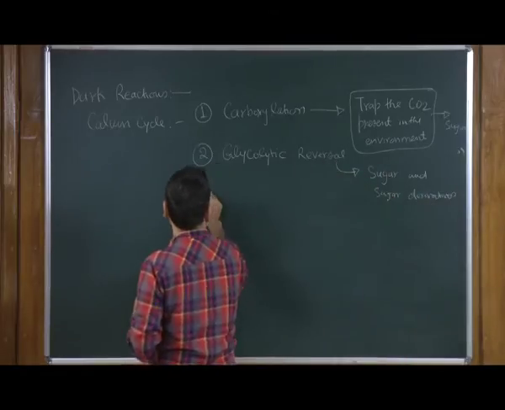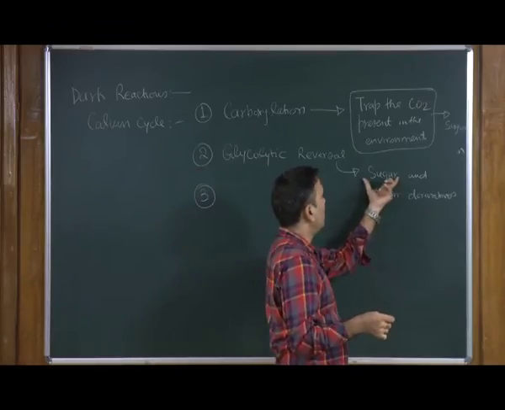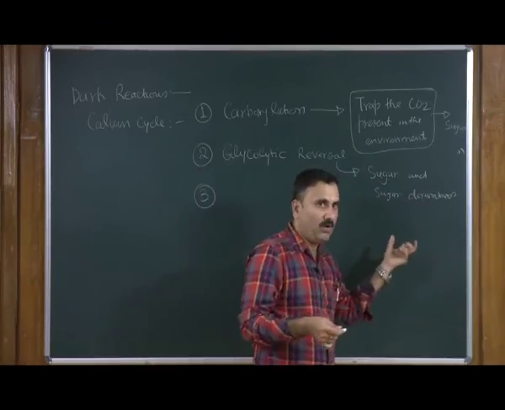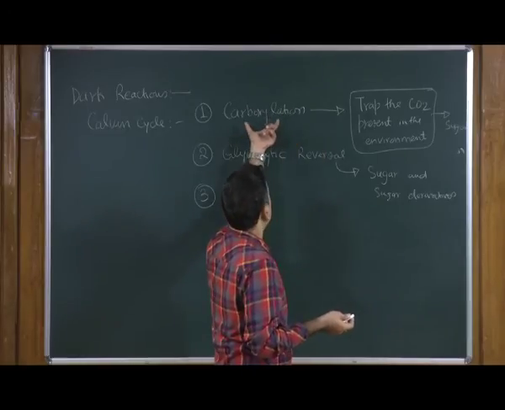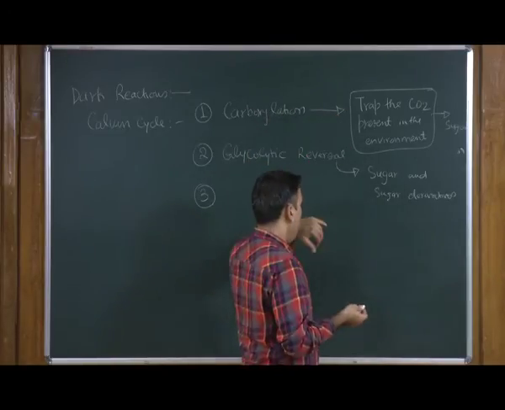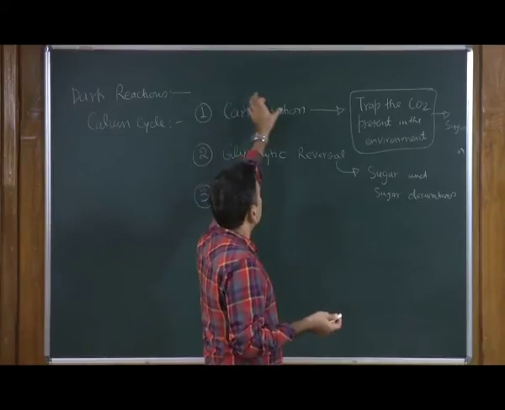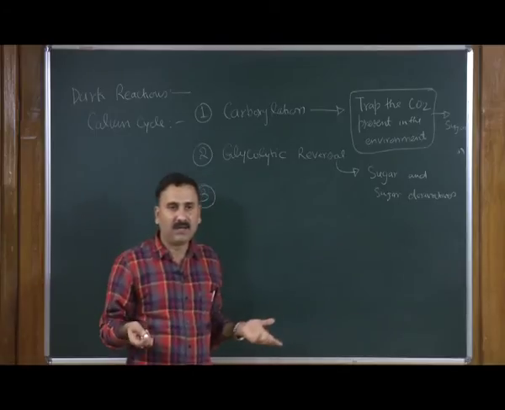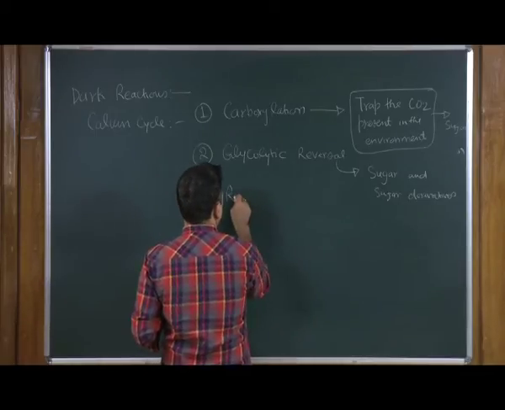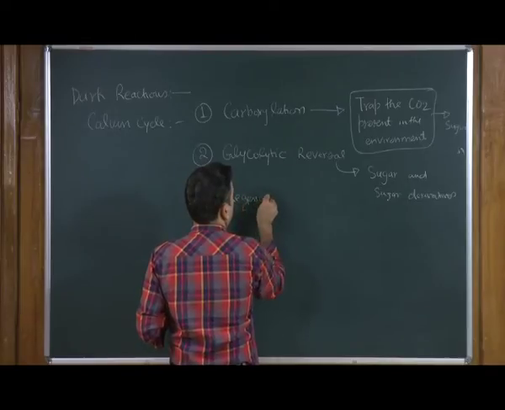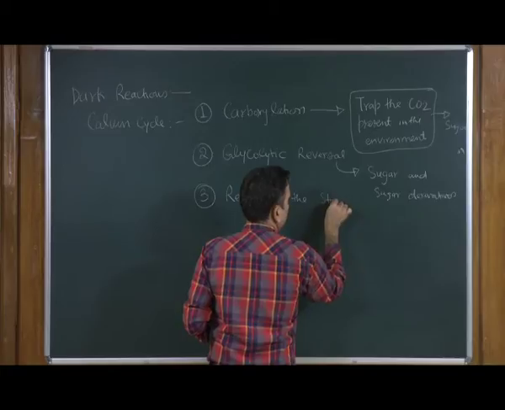And the third step is that, since you have generated the sugar, which is what you were looking for by taking the carbon dioxide from the environment, but since you have to continue the cycle so that the incoming carbon dioxide will still be available, you have to regenerate the starting material.